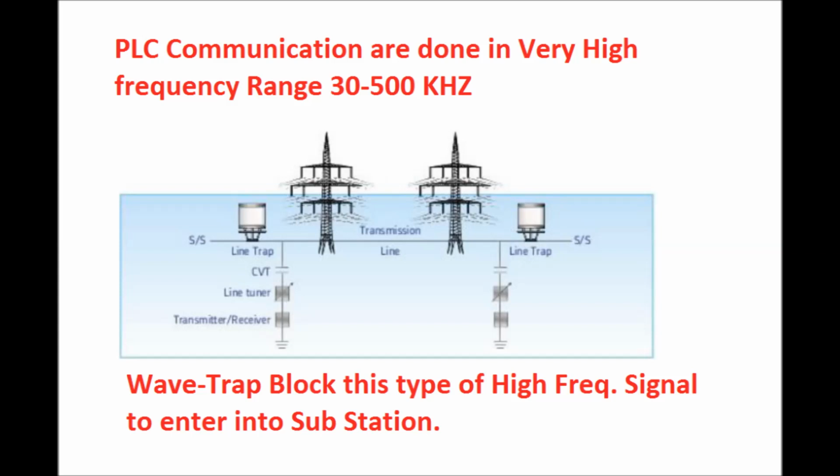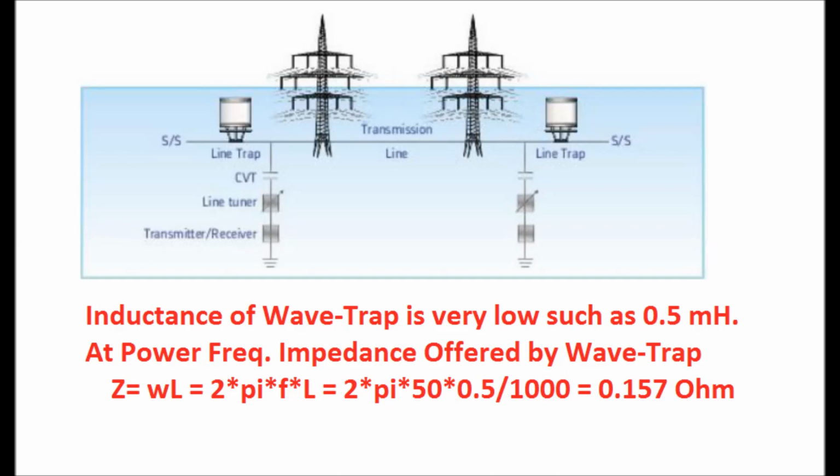For the high frequency signal, the wave trap blocks this power line carrier communication from entering the substation, and it diverts it to the coupling capacitor circuit. The inductance of the wave trap is of the order of 0.5 millihenry for 132 kV, 220 kV and also for 400 kV systems.